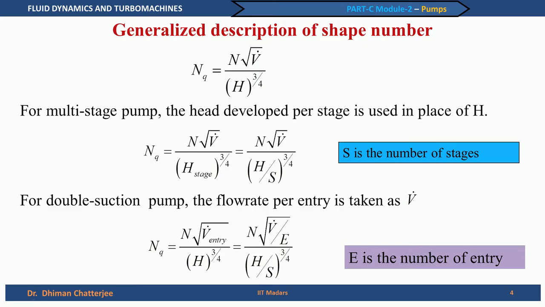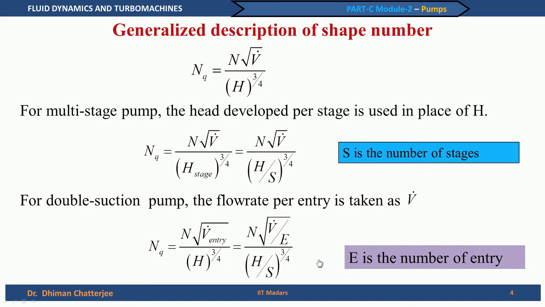If you have a particular case when it is a single entry, single end suction pump let us say, and we have a single stage, then E and S become 1 and we get back to the formula given at the top of the slide, that is NQ equal to n square root of V dot divided by H to the power 3/4.